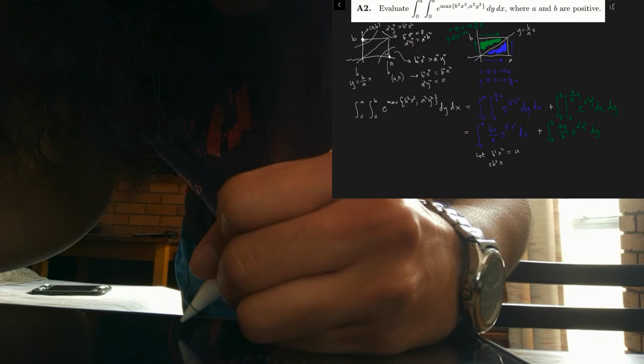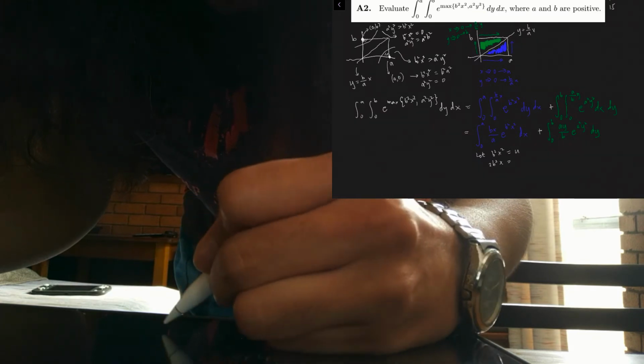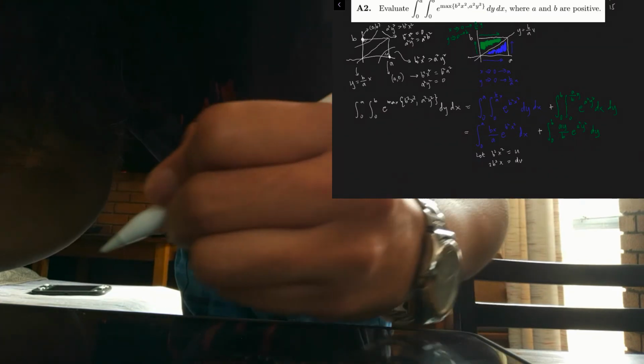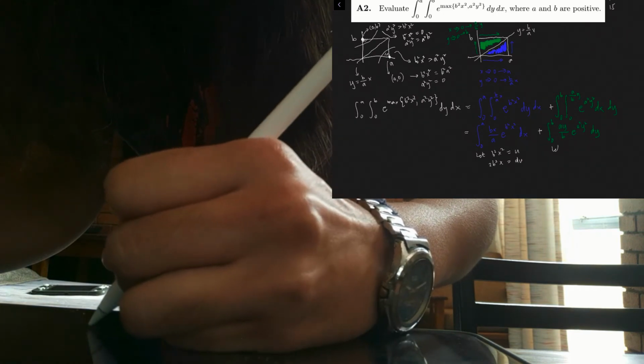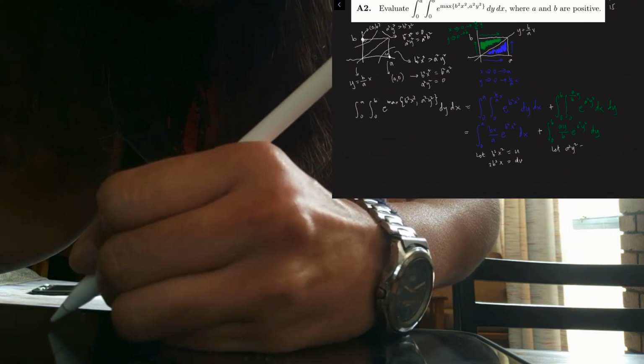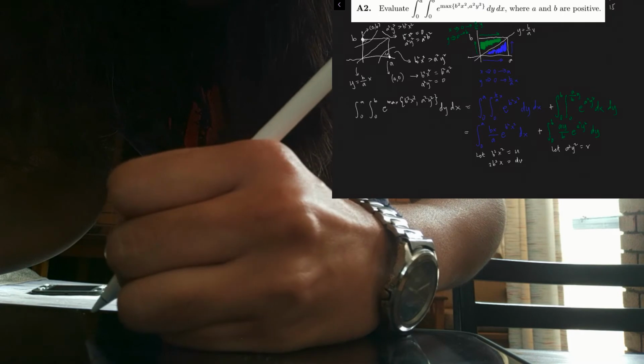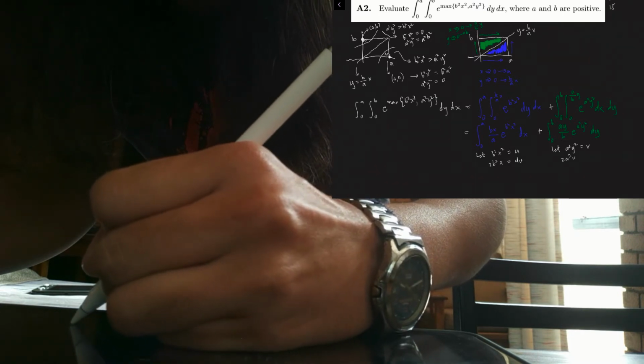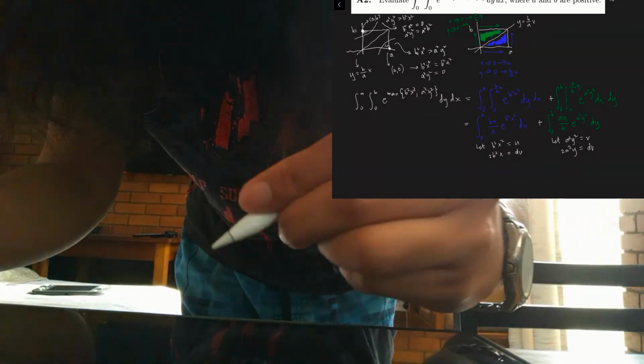That means 2b squared x dx is equal to du, and then similarly on the second term we can let a squared y squared be, let's say, v. So you have 2a squared y dy equal to dv, and then we substitute it back into the integrals.